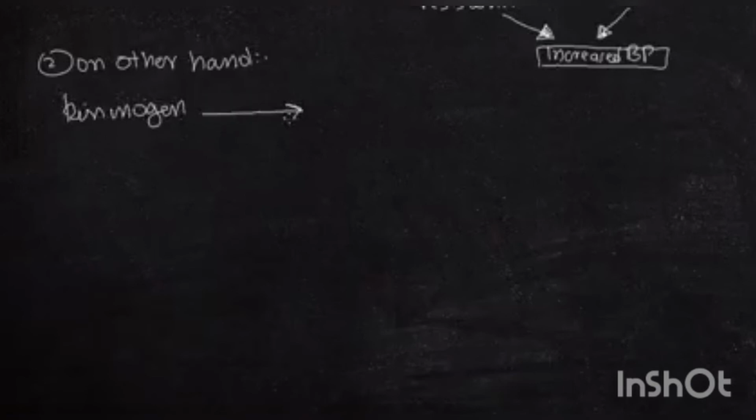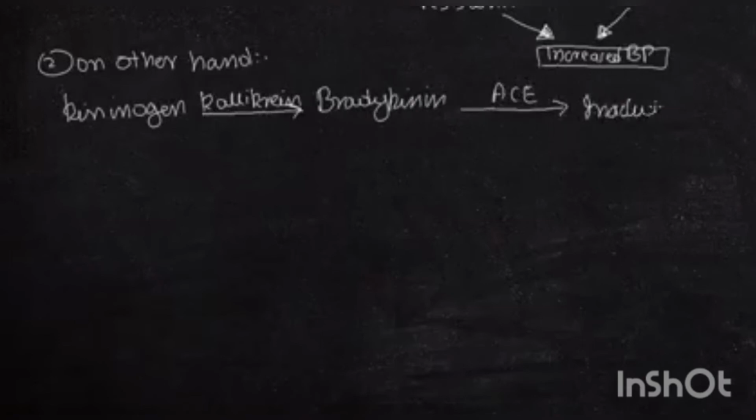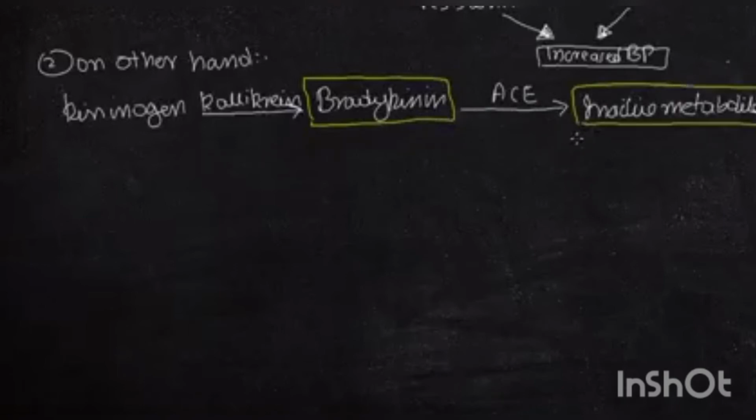On the other hand, the second mechanism is on the bradykinin metabolism. Kininogen is the protein which is taken up by the enzyme kallikrein and converted into bradykinin, and upon bradykinin, ACE works and produces inactive metabolites.